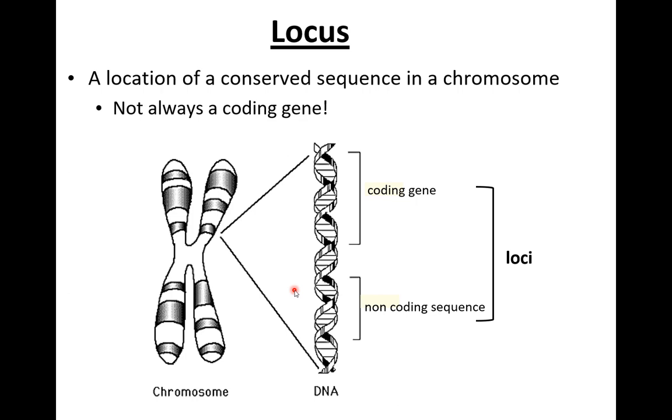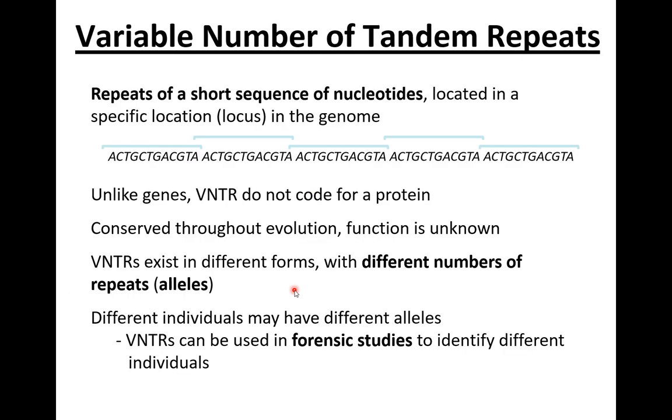All of these are referred to as loci. Now, variable number of tandem repeats, or VNTRs, are some of these non-coding sequences which, as the name says, instead of being made of coding sequences, are made of sequences which are repeated several times.